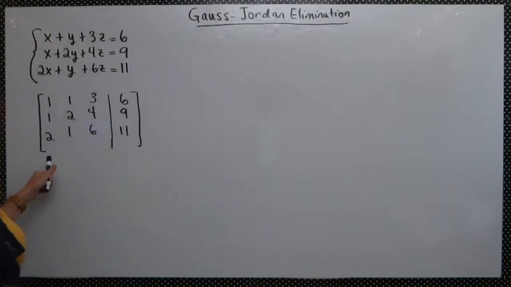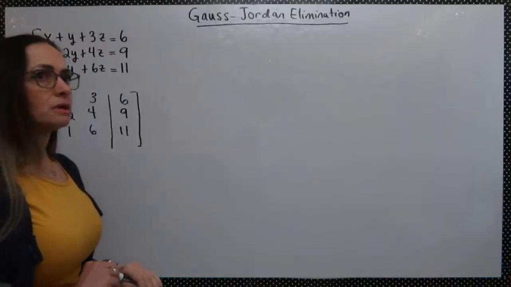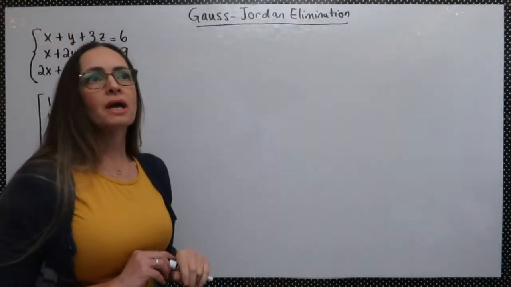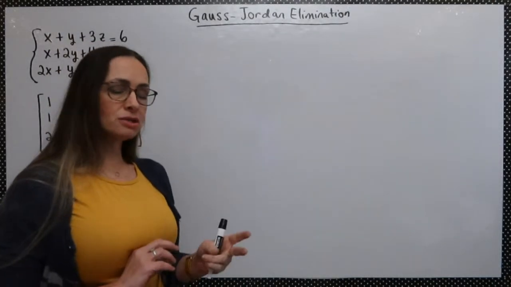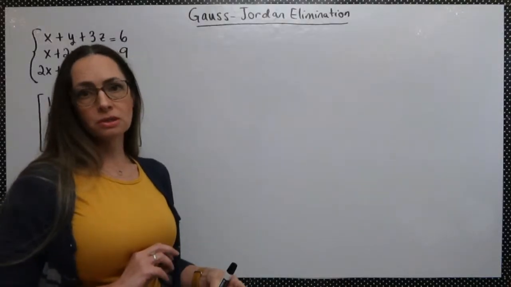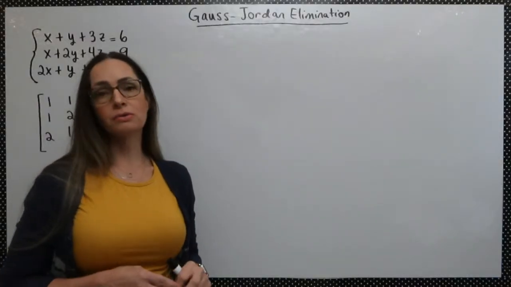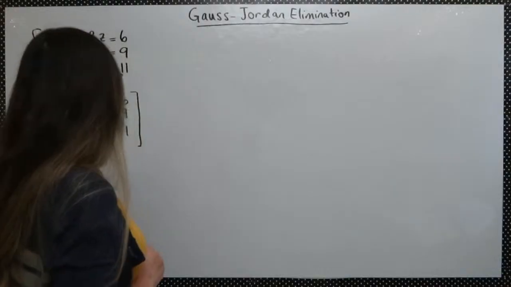What I'm looking for are called elementary row operations. I'm trying to use a combination of those three main row operations, where I can swap rows, add rows, or multiply rows by scalars in any order. And that's kind of the gist of it.